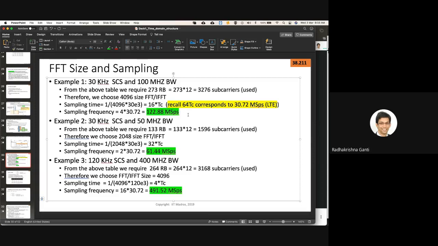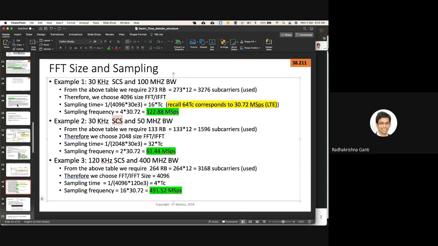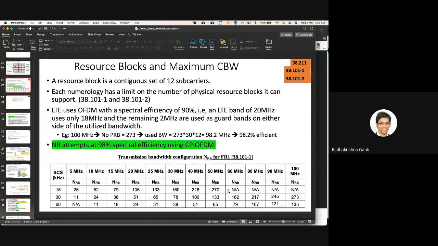So what does this mean? When you have 100 megahertz bandwidth with 30 kilohertz subcarrier spacing, we are sampling at 122.88 megasamples per second. If you do the same computation for 30 kilohertz subcarrier spacing and 50 megahertz bandwidth, you have 133 PRBs maximum.